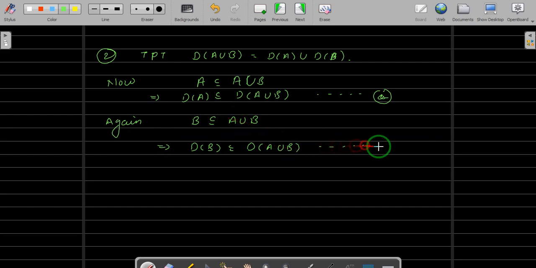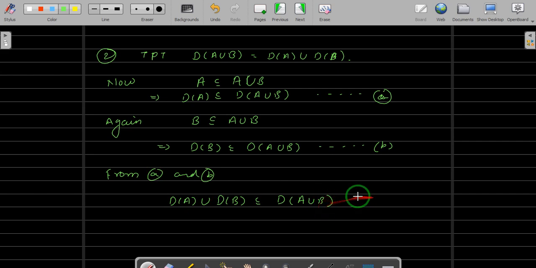So let us take this as equation B. So derived set of A is a subset of this, derived set of B is a subset of this. That means if you take the union of these two, still that will be a subset of this, and hence from A and B, derived set of A union derived set of B is a subset of derived set of A union B. That's the first part. Let us take this as star.